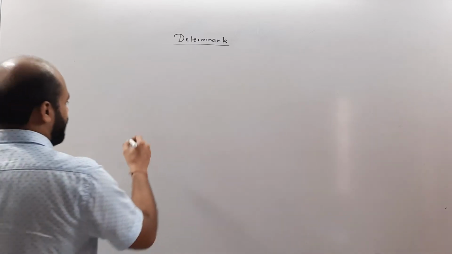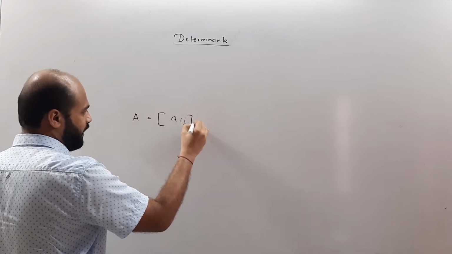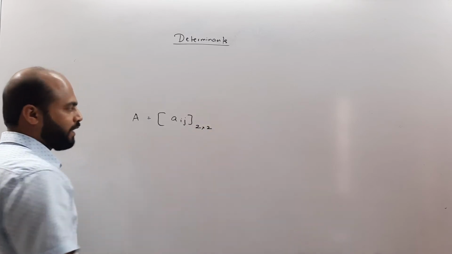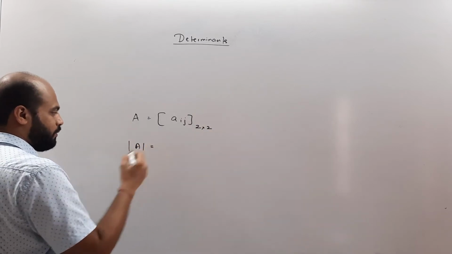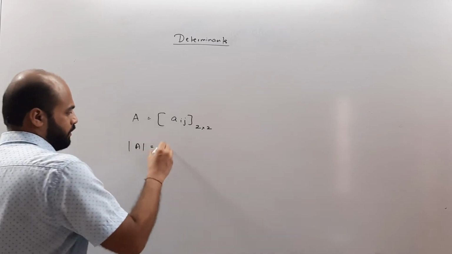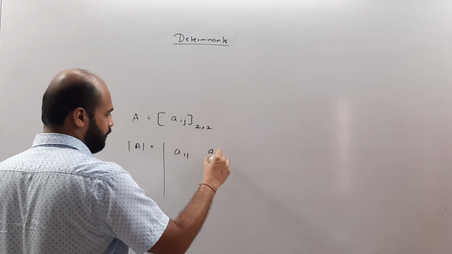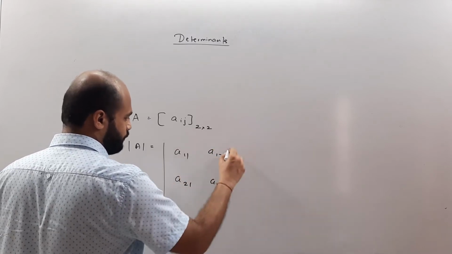So now sometimes in general the matrix is given with the element specified in this manner. If this is the case, it just means that I have to write the determinant of this. Suppose I want to write the determinant of this matrix, then we will write it as A11, A12, A21 and A22.